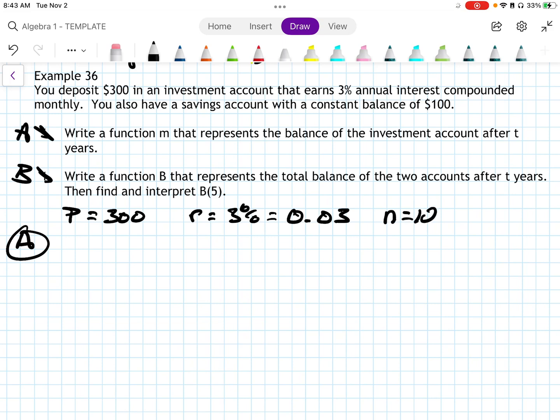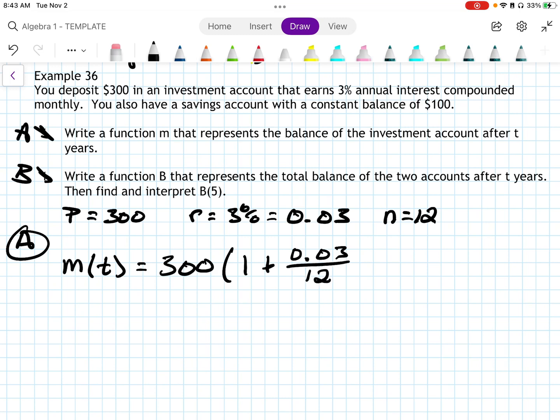N would be 12 because it's compounded monthly. Now I can write M of T. M of T is going to be my investment account. P is 300, parenthesis 1 plus my R over N, so this would be 0.03 over 12 to the 12T.